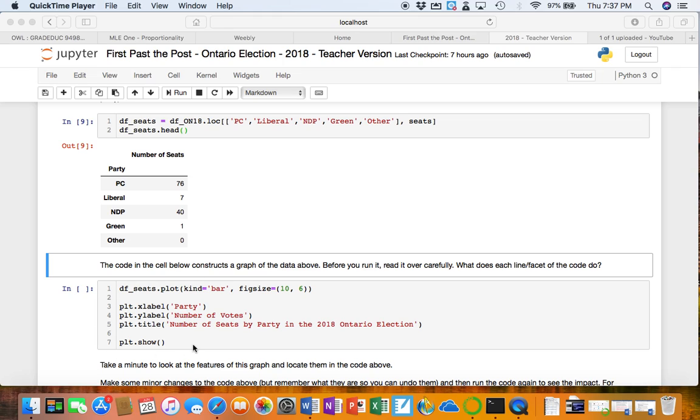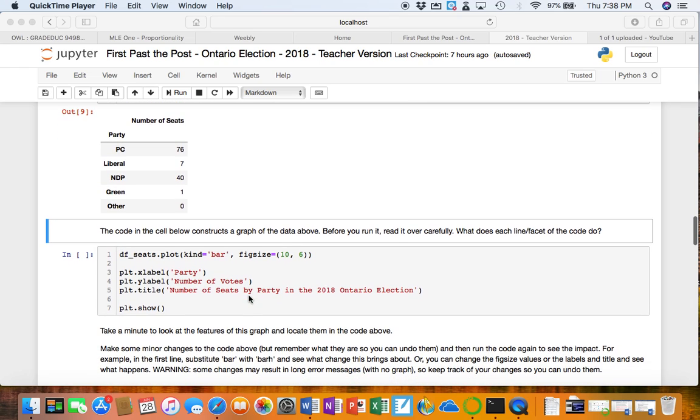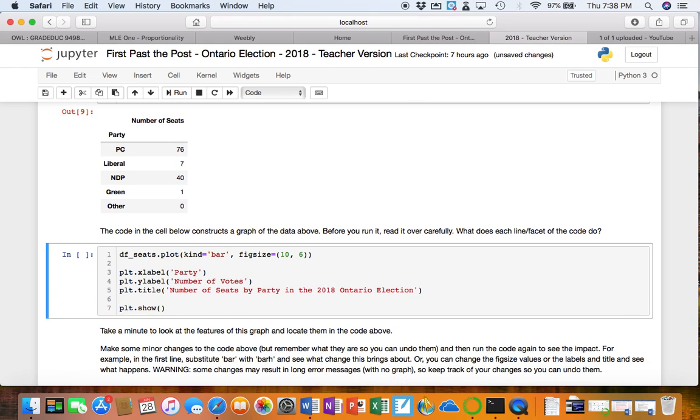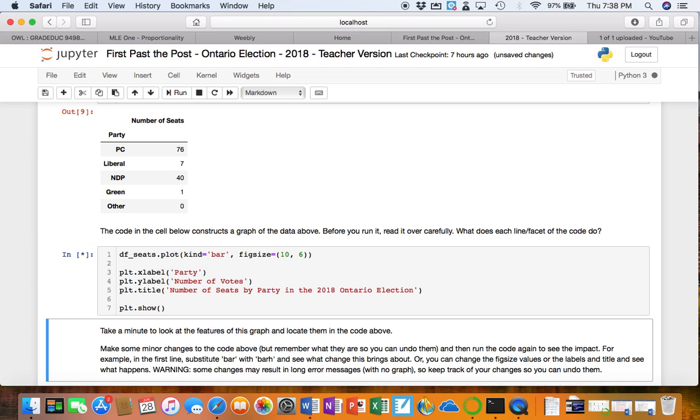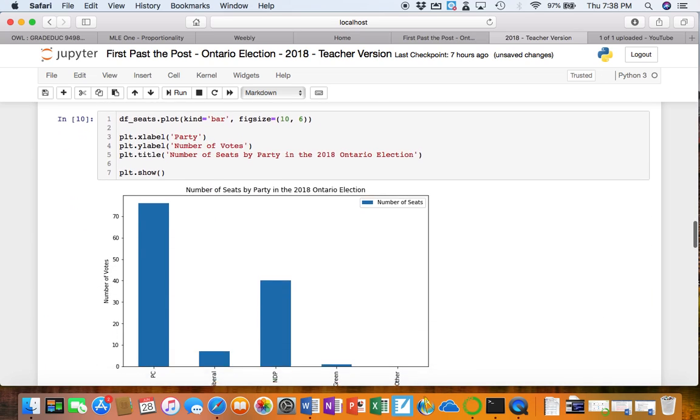This code cell is the abstract code for creating a bar graph. All we need to do is put in the data frame that we want to work on and run the cell. There we go, and we get a graph.